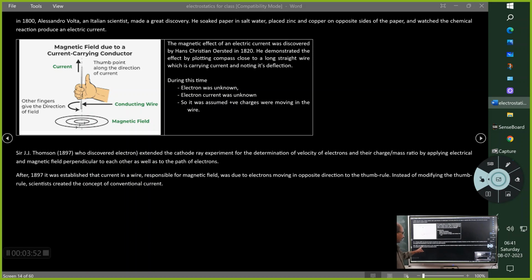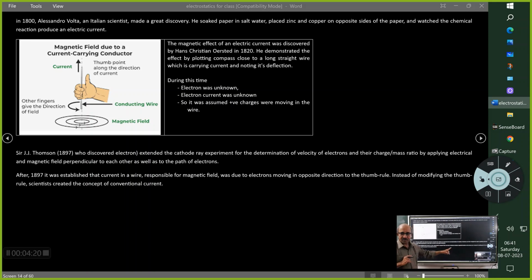After 1897, it was established that current in this wire, responsible for the magnetic field, was due to the electrons moving in the opposite direction. First, they assumed that current was moving in the upward direction due to some positive charges. After the discovery of the electron, they found out that the current was due not to positive charges but to electrons moving in the opposite direction.